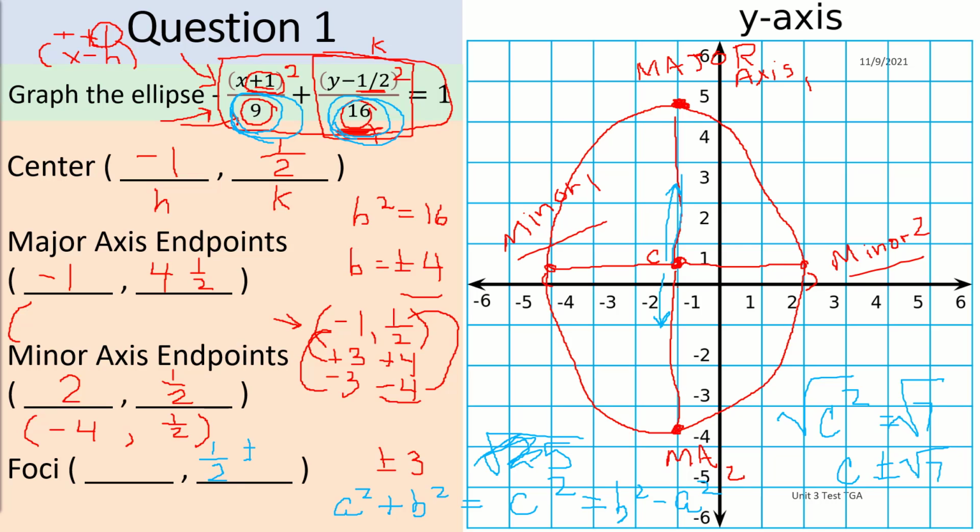And that y-coordinate is 1/2. So it's going to be 1/2 plus or minus the square root of 7, and that x-coordinate is going to be -1. We don't do anything with that x-coordinate because we're not moving in that direction.